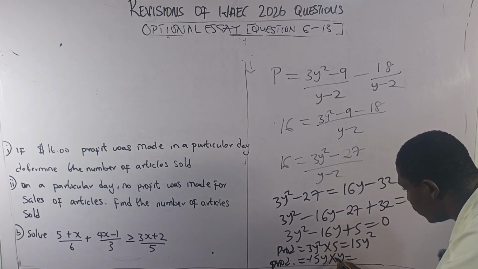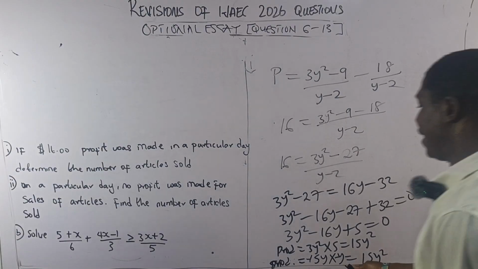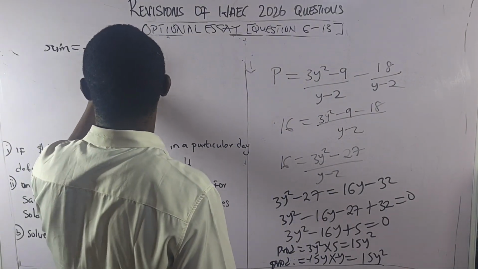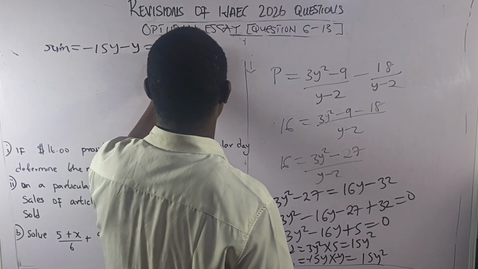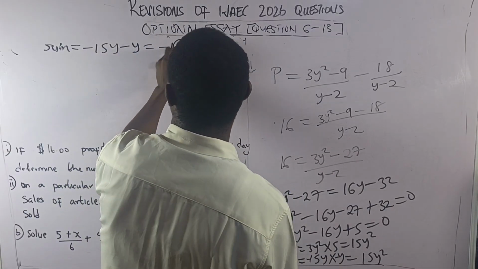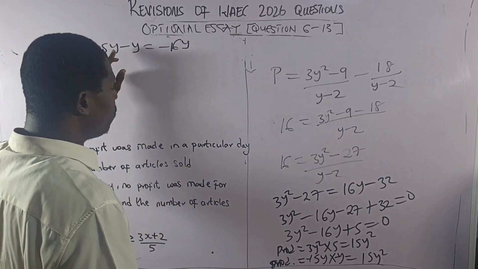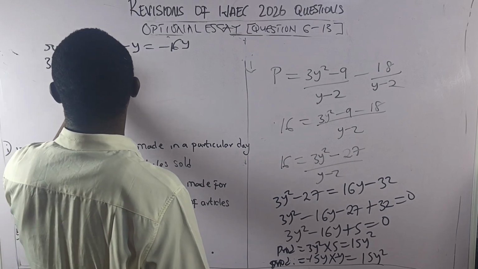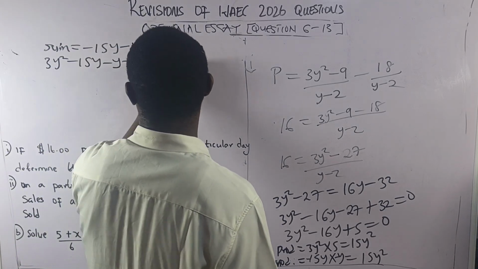So I can put minus 15y and minus y, which will still give me positive 15y squared, and my sum will be minus 15y minus y, which equals minus 16y. So in place of minus 16y, I put minus 15y minus y. I therefore have 3y squared minus 15y minus y plus 5 equals 0.